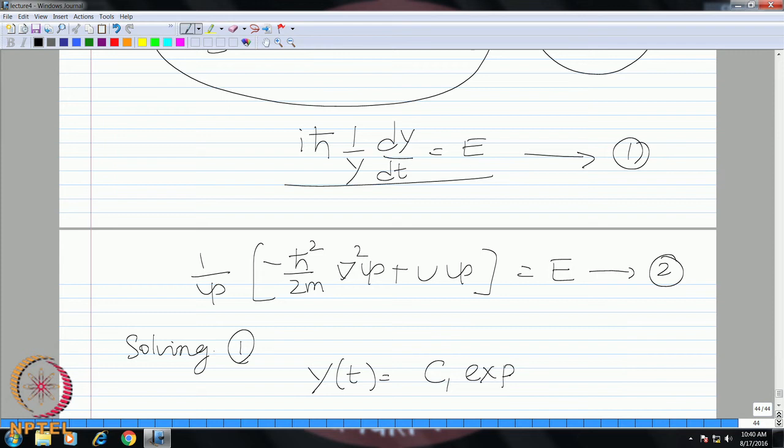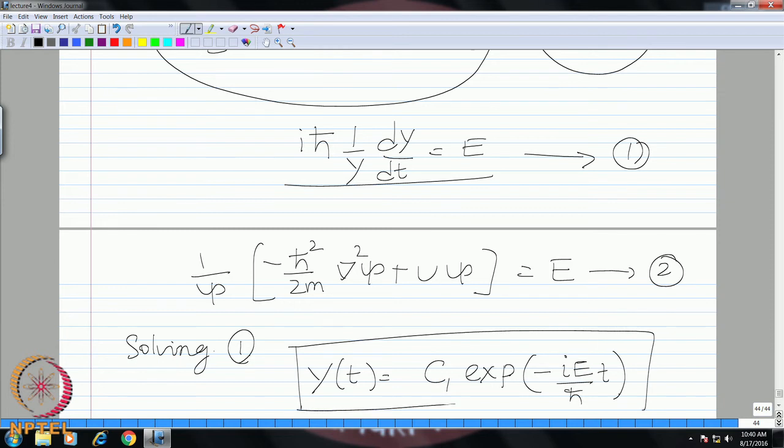Therefore, y will be C exponential of, so this entire term will go inside, and if you take i on the other side, it becomes minus i, and you have E by h bar times t. So, this is your solution to the ODE in time. Let us call this equation 3.